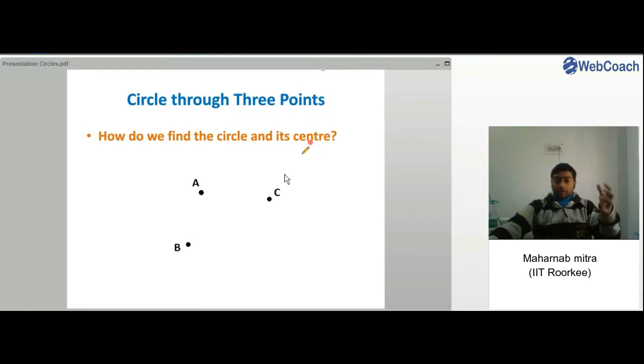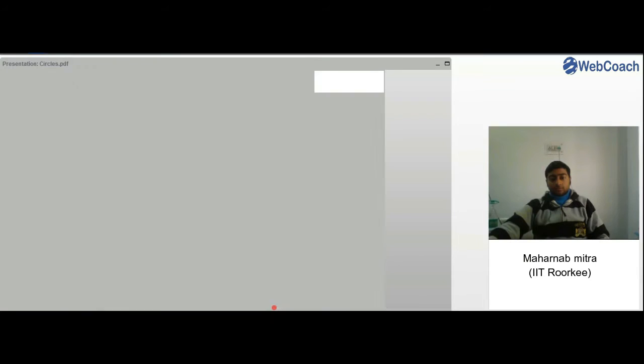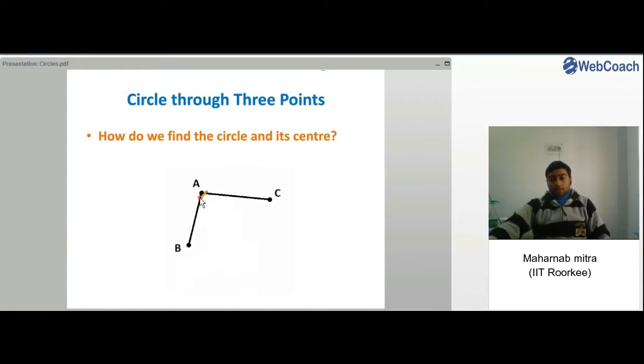So now how do we find the circle and its center if 3 non-collinear points are given? So here we have A, B, C, the non-collinear points. As you can see, they are not lying on the same line. So let us see how to find out the center of the circle and the radius, so that we can easily draw a circle with the compass. So the first step is joining the points, or we join AB and AC, right?